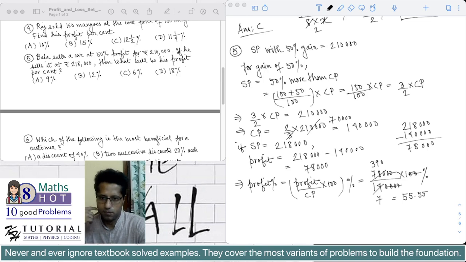So 3 by 2 multiplied by CP has to be equal to 2,10,000. This implies cost price is equal to 2 by 3 multiplied by 2,10,000, which is 1,40,000.